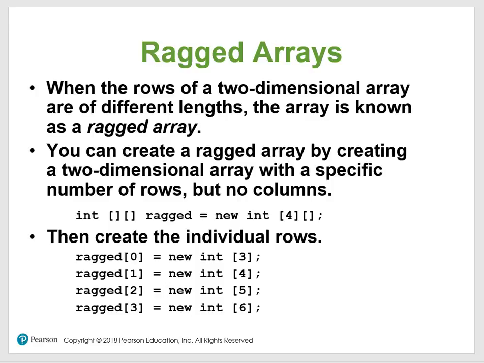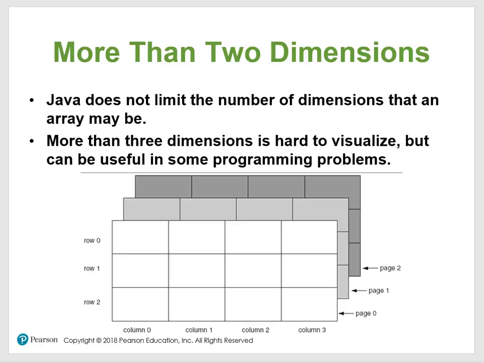You can create a ragged array by creating a two-dimensional array with a specific number of rows but no column size. How is this possible? I don't know. This is part of something in the future that we can look at.